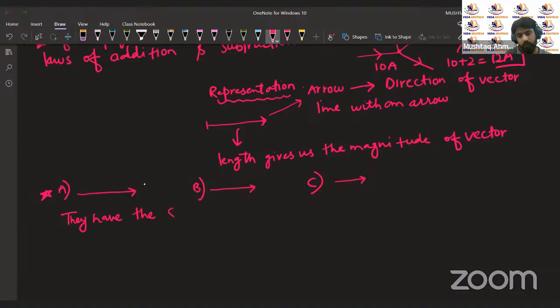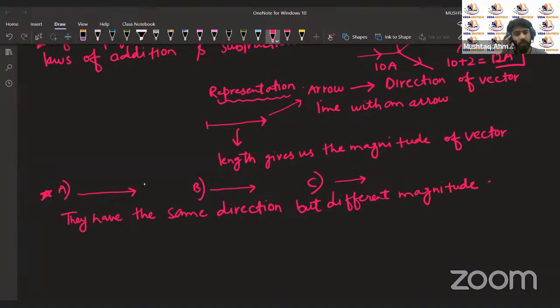All these three vectors have the same direction, but different magnitudes, because the lengths of these vectors are different. The length of vector A is greater than B, which is greater than C.